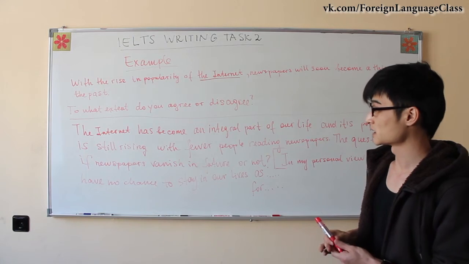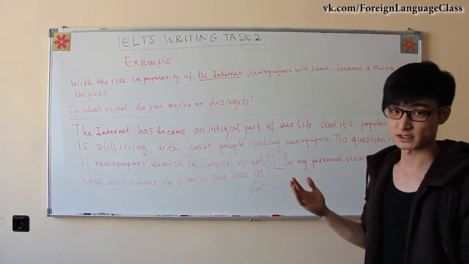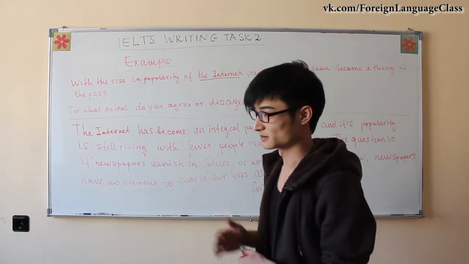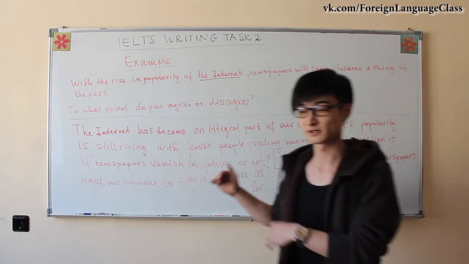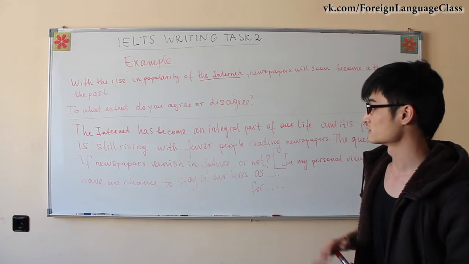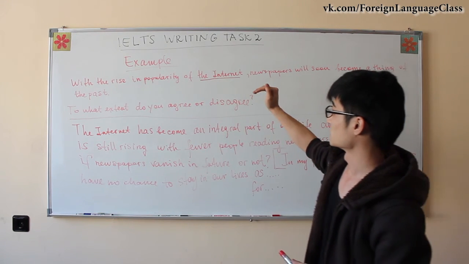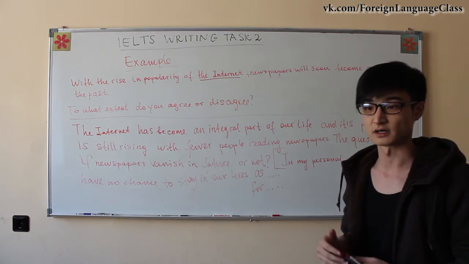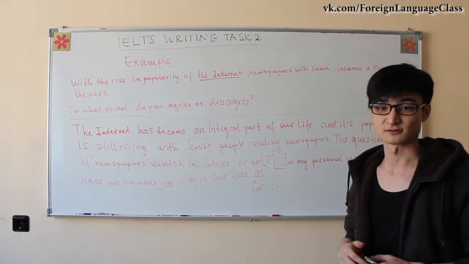Okay, that's the example. I'm not going to write the whole essay as my ideas, my thoughts may be different from yours, so it's up to you how to write the main body and the conclusion. In the introduction, I've shown you how to rewrite the task and turn it into your essay introduction.